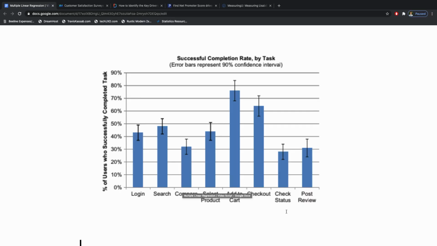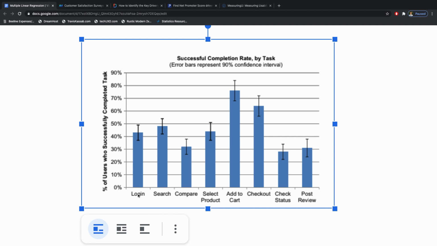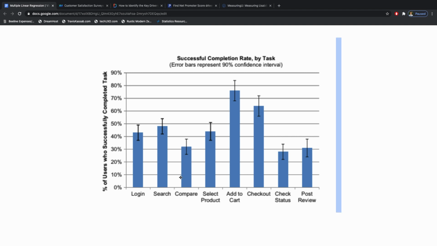let's say that you did a task-based usability test with 10 tasks, and for each of them, it's did the respondent pass or fail? And these are the percentages right here.